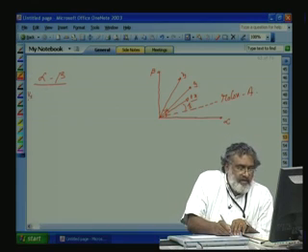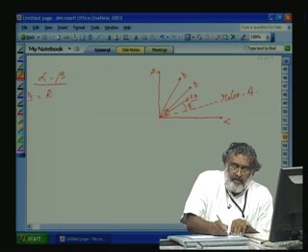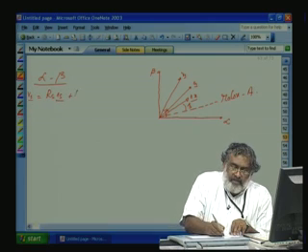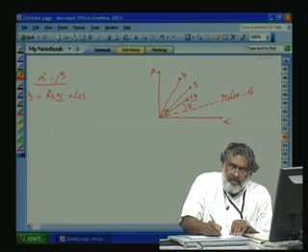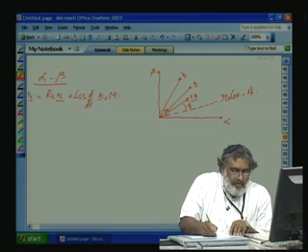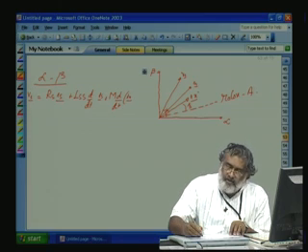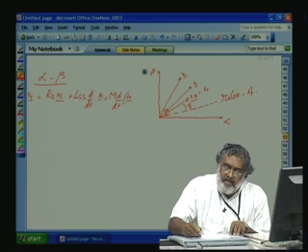Vs is Rs Is plus Lss d by dt Is plus m into d by dt of Ir, originally defined with respect to the rotor axis, that is Ir into e raised to j theta.